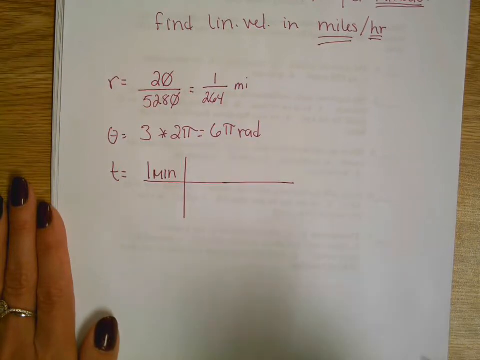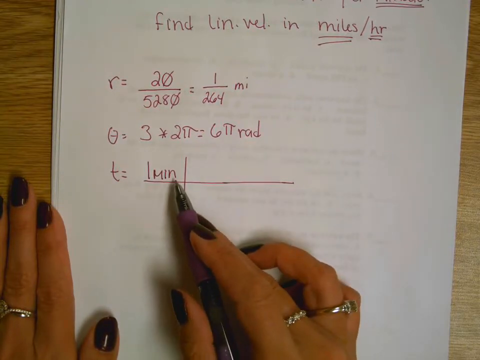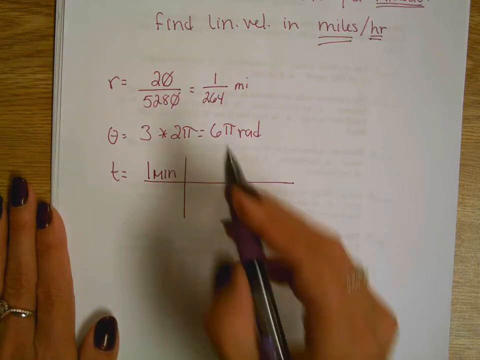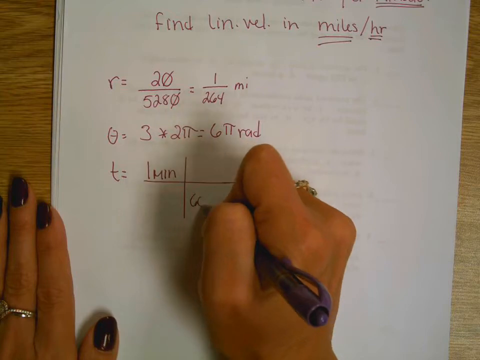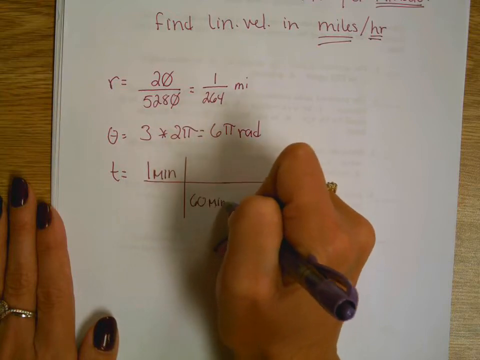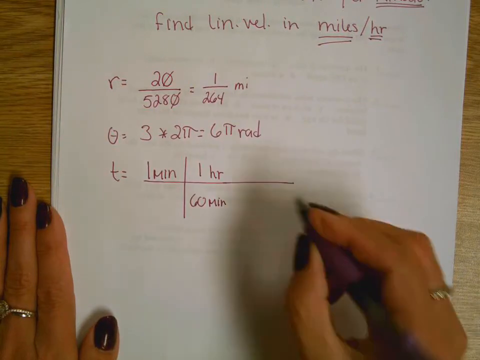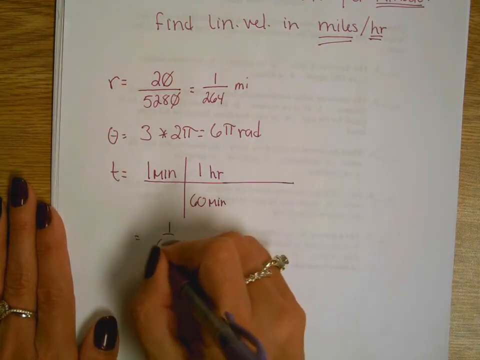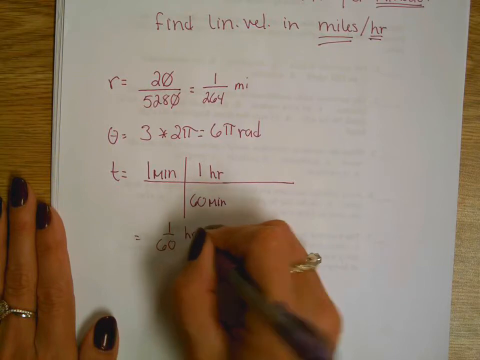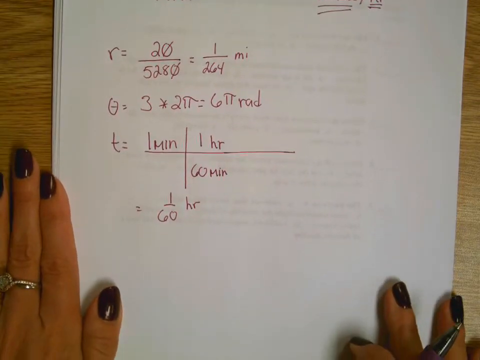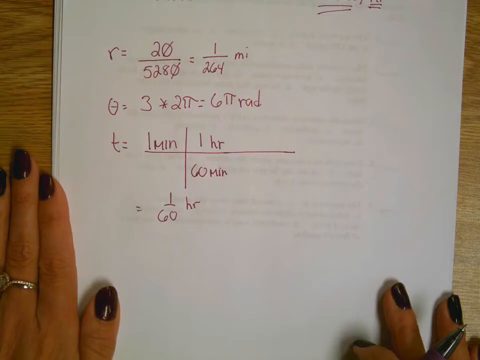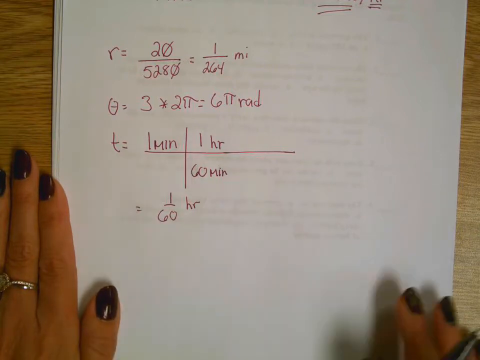So, how many, 60 minutes in an hour? So, 60 minutes, 1 hour. So it's going to be 1/60th of an hour. Okay, everything had to get fixed there.